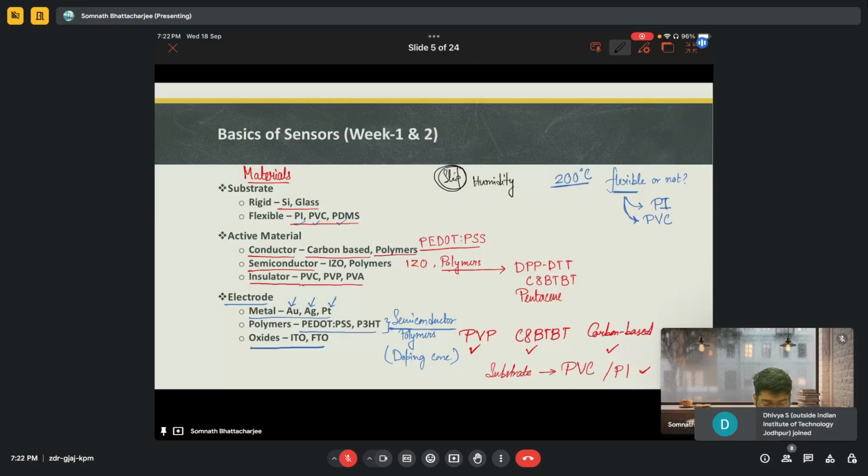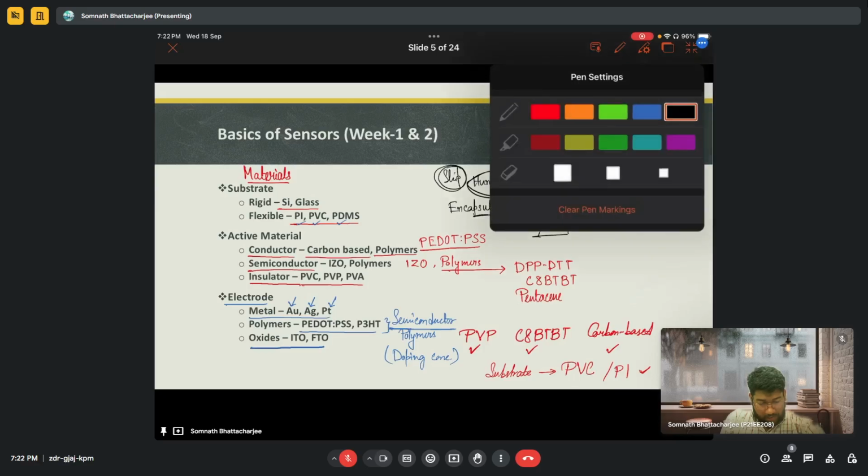So to negate this humidity, you may sometimes encapsulate the sensor as well. What is encapsulation? Let's say this is your sensor.